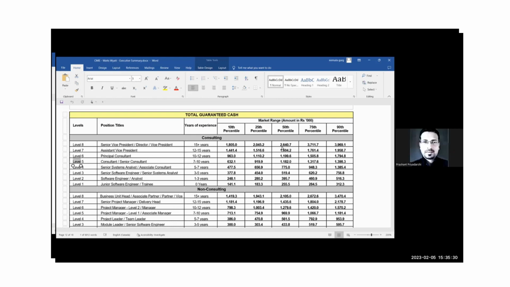Ma'am, quick one. Does total guaranteed cash mean fixed salary, or also the retention bonus and variable pay? When you say total guaranteed, am I getting it month on month? Got it? Okay. Because retention bonus generally is annual. But having said that, I should not assume anything when I'm doing a survey.